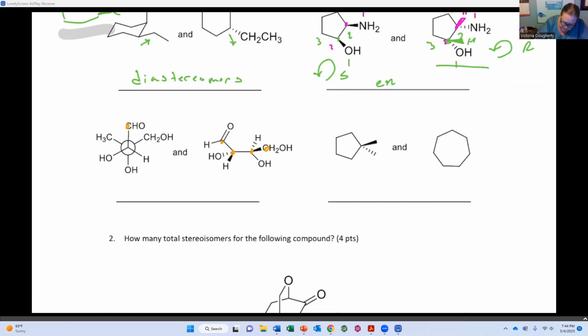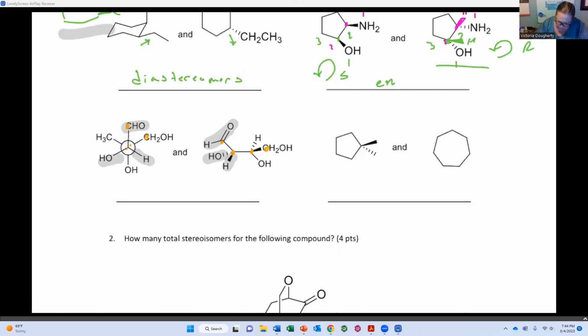So there's 1, 2, 3 for the carbon behind, and then 4. So they both have four-carbon chains. This aldehyde is this aldehyde, this OH is this OH, and this H is this H.